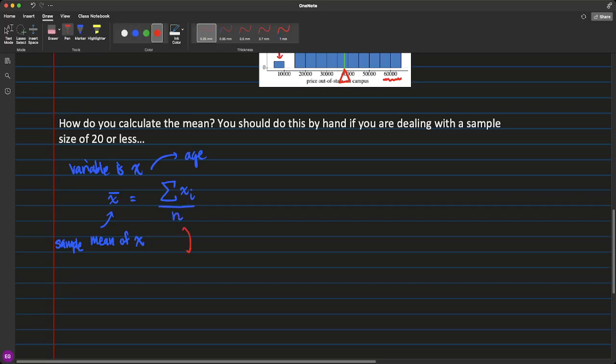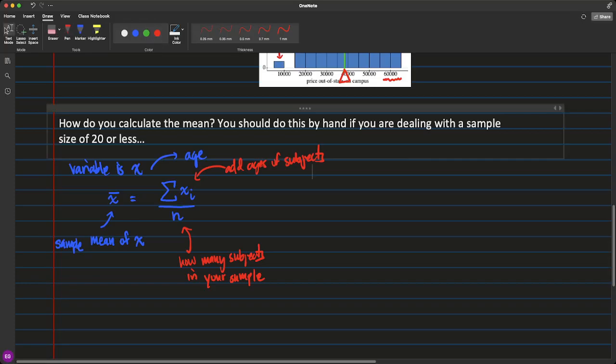So n is how many subjects in your sample. And this means add up all the ages of your subjects, because remember, the variable is x, their ages. So you take all the different ages, add them together, divide by how many people you had.